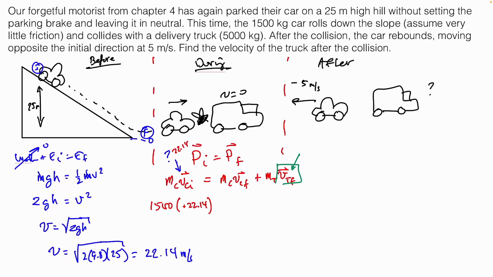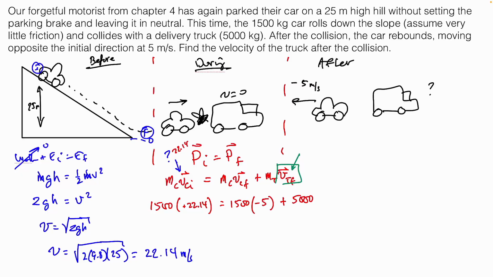What did I make sure to include? The sign, the direction that thing was going. It's moving to the right. I've called right positive, so I better have a sign on it. Equals 1,500 times minus 5. Again, where'd that minus 5 come from? The direction.